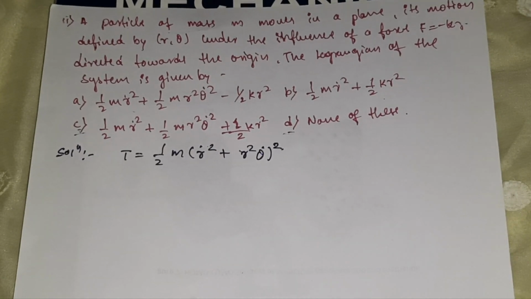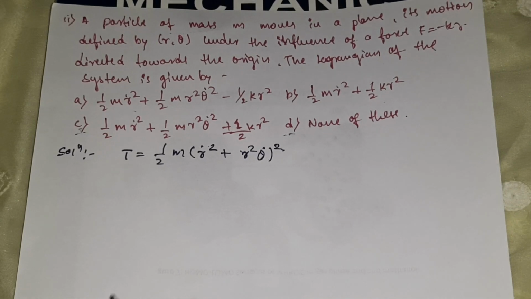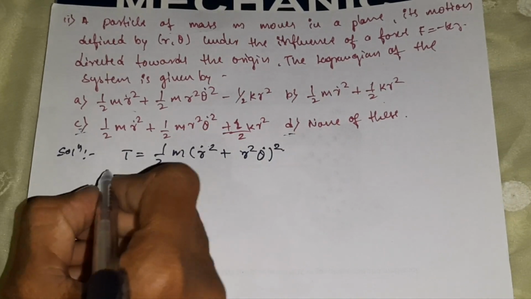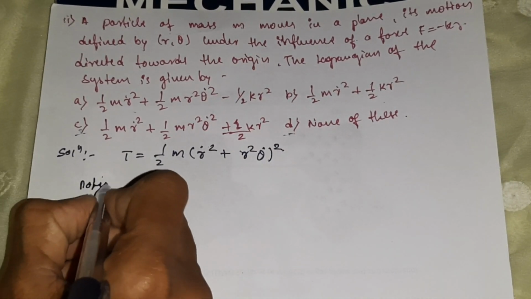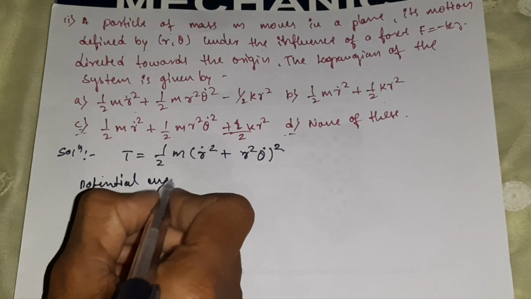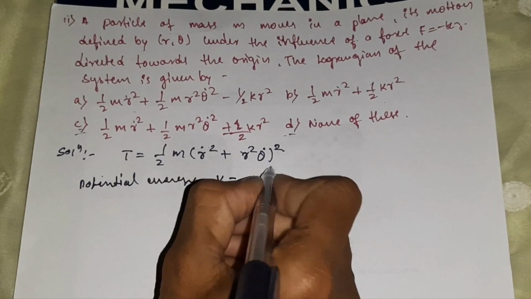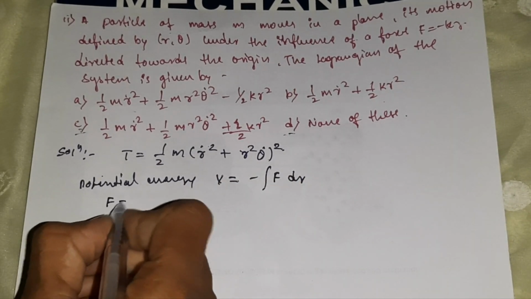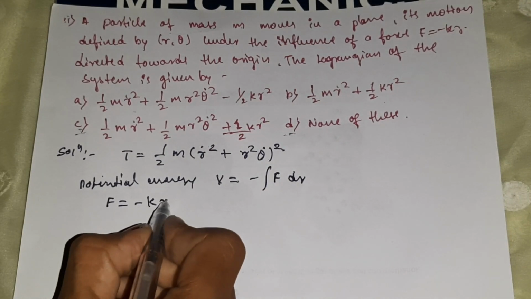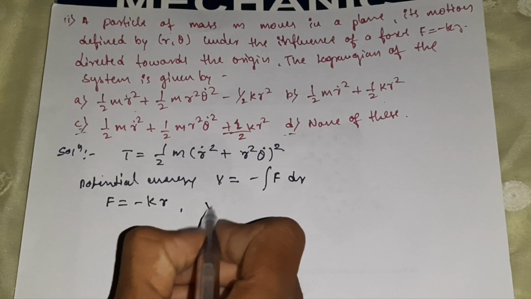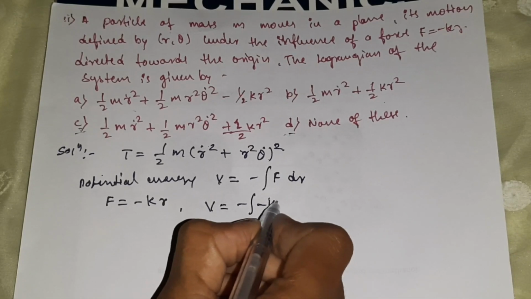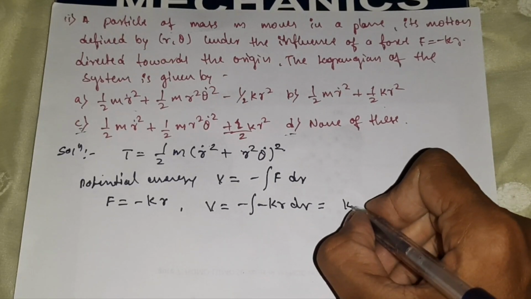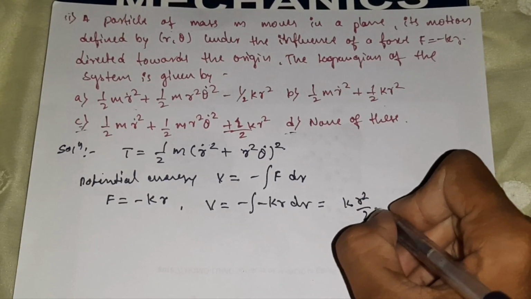According to the given force, we can find the potential energy. V is equal to minus integral of F dot dr. Force is what here? Minus kr. If we integrate this, we will get V equal to k r square by 2.